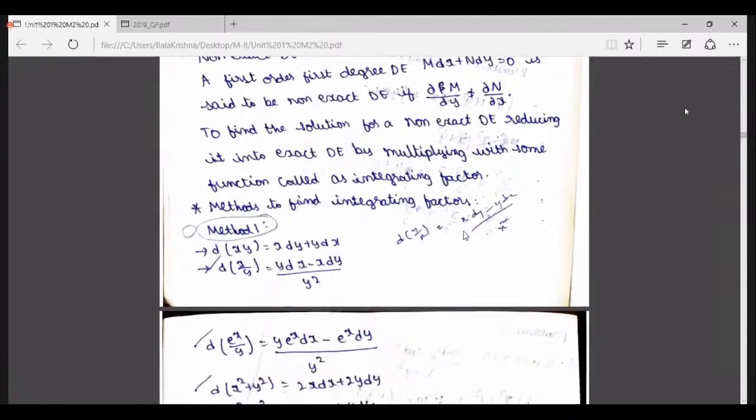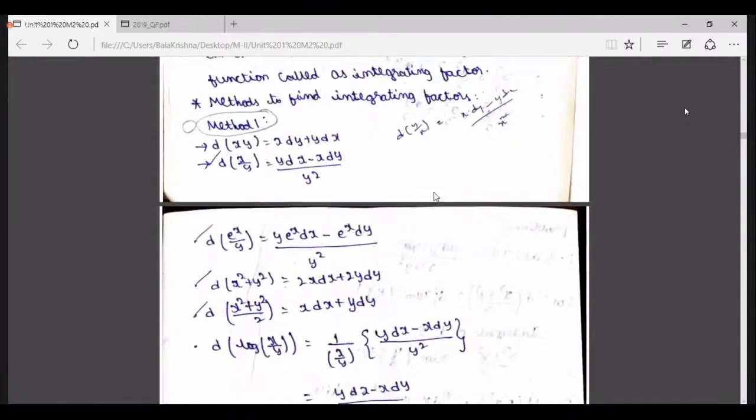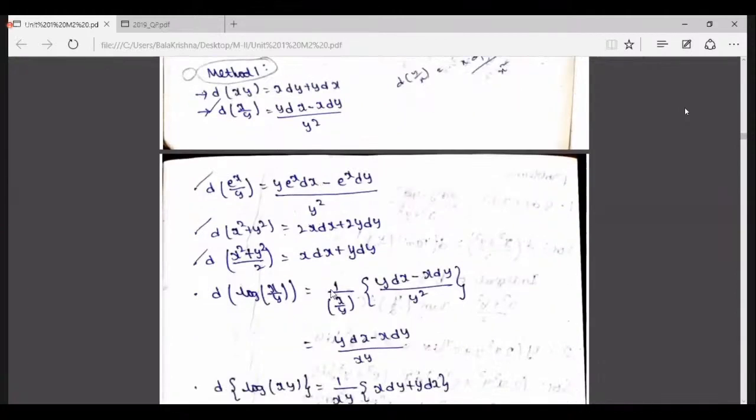The first method is a basic method where we directly write the integrating factor by using basic known derivatives. Okay, the derivative of xy is x dy plus y dx. Like the derivative of x by y is the same as what you have gone through for the uv rule and u by v rule. These are some basic things which you have already gone through.